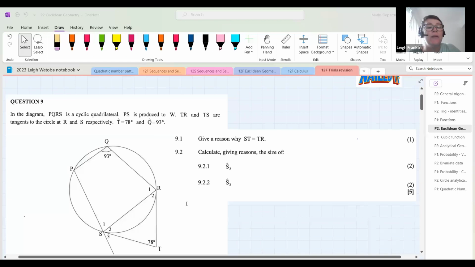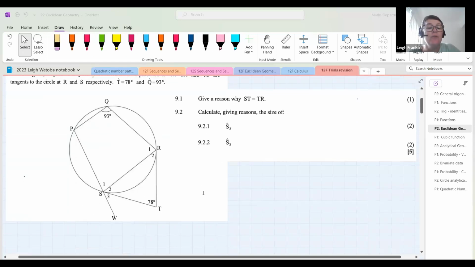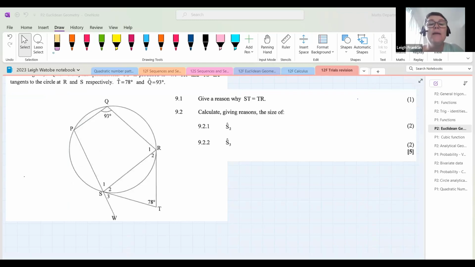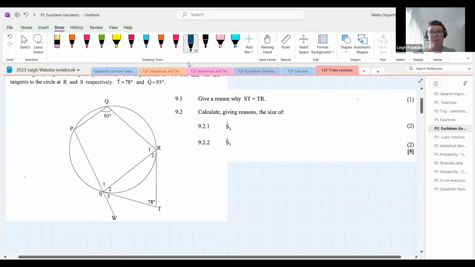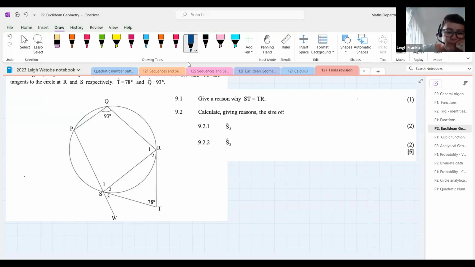So the first one in 9.1 says, give a reason why ST equals TR. Well, I think someone's already said that. Why is ST equal to TR? What's the reason that they are looking for there? That's it, Nhlanhla.